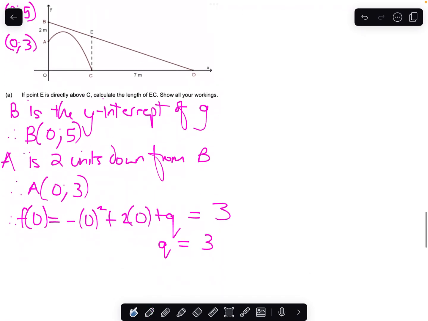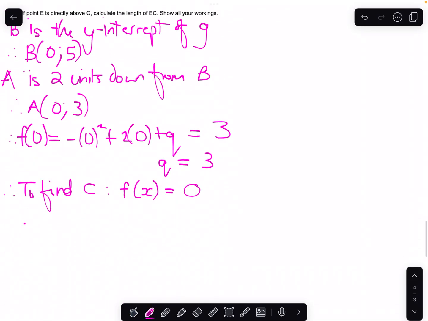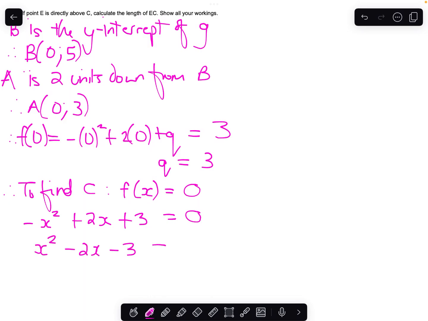So we can now figure out the coordinates of C. So to find C, we are going to solve where is f of x equal to 0. So the equation is minus x squared plus 2x plus 3, and we need that to be equal to 0. Going to times through by -1 so that it's a bit easier for me to factorize this.